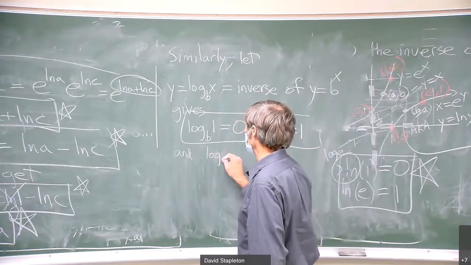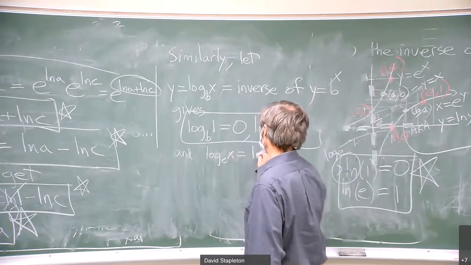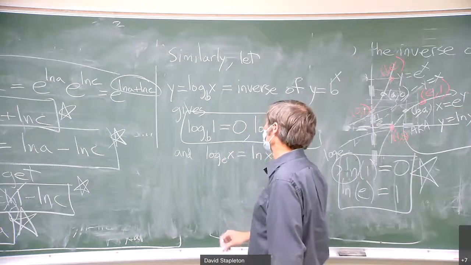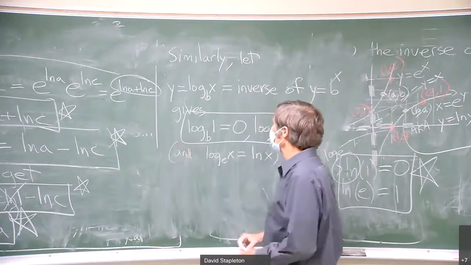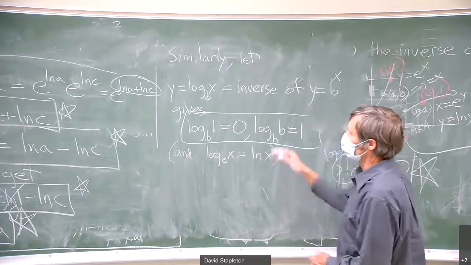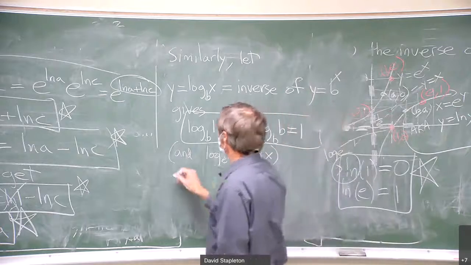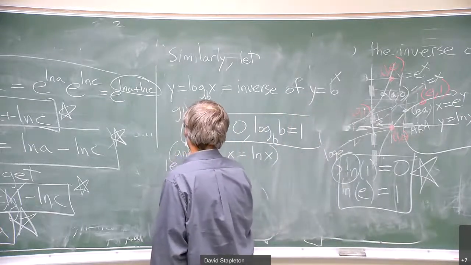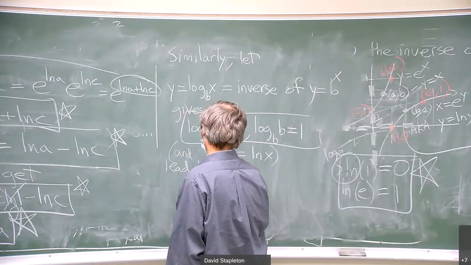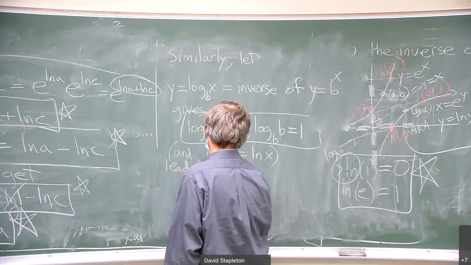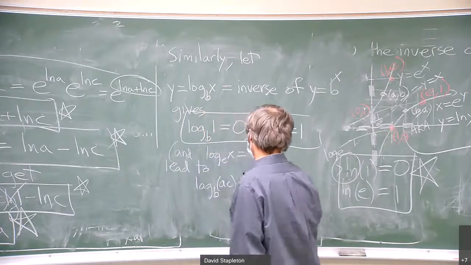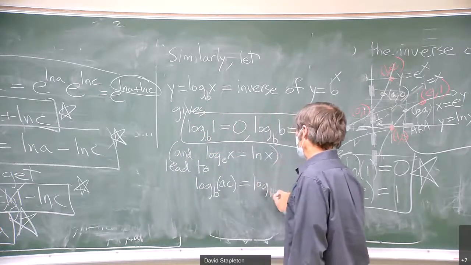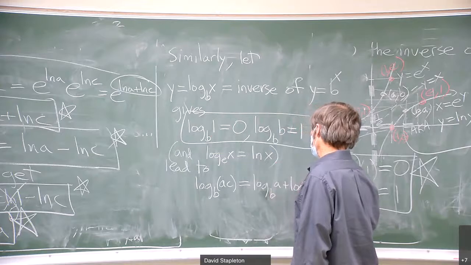Log base e of x is the same definition as ln. And we get analogous properties with analogous proofs. So we'll lead to log base b of any product a c is similarly log a plus log c.